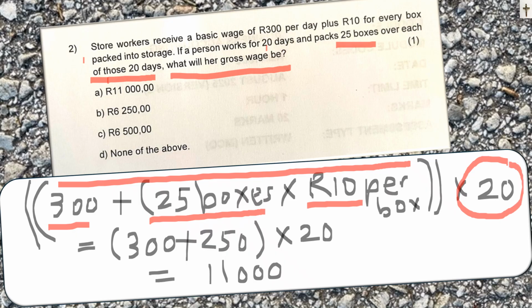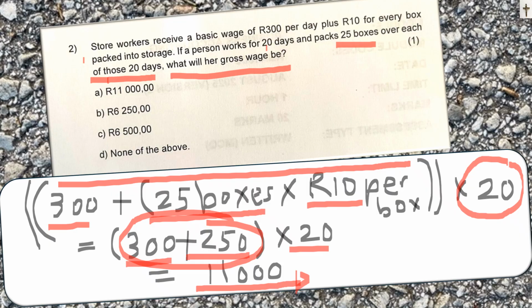If we expand these brackets, we get 300 Rand per day plus the 25 boxes at 10 Rand per box, multiplied by 20 days, which is equal to 11,000. So the answer is A.